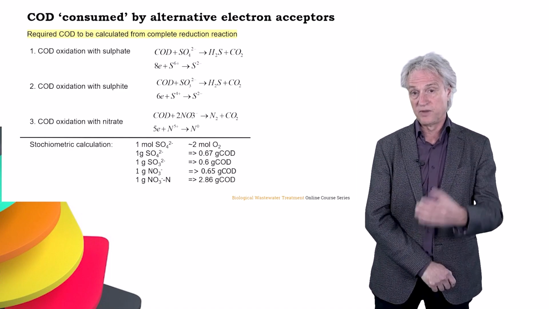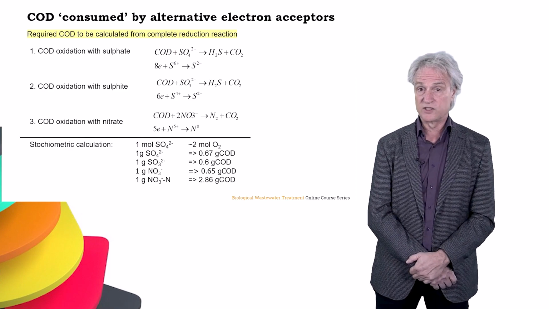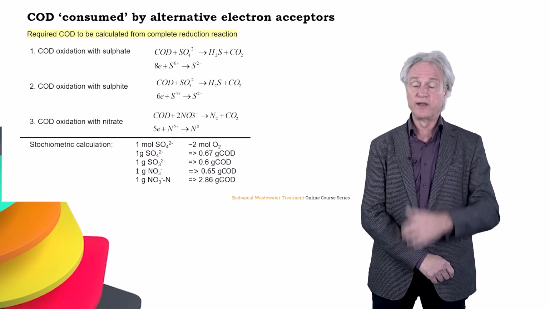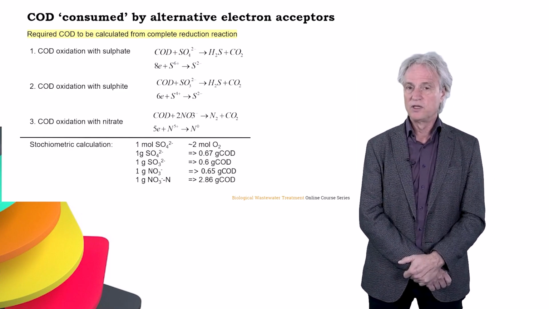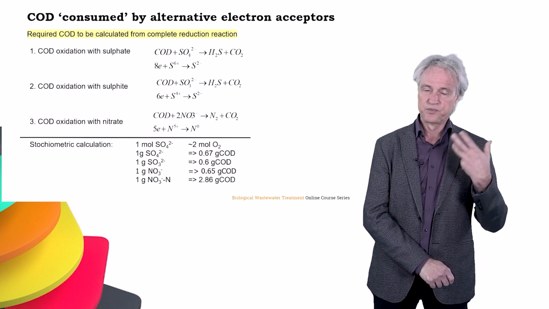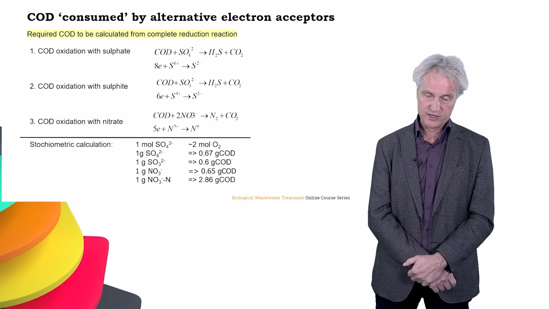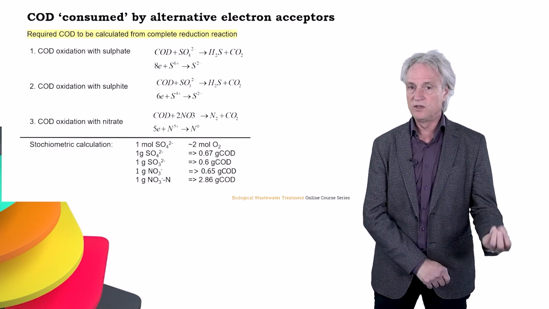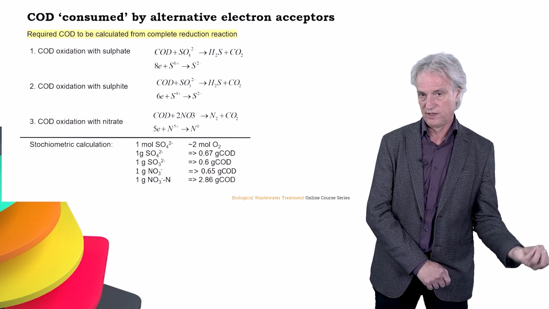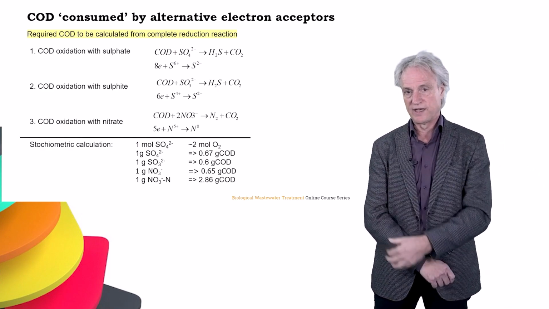Now you can calculate it as well with sulfide, as mentioned here, and also with nitrate. And the reaction with nitrate, I guess you do remember if you are operating an activated sludge plant, when you pursue nitrification and denitrification. You need the COD to denitrify nitrate to nitrogen gas.